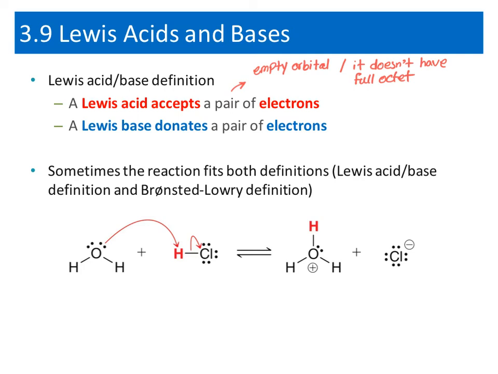So if you look at the reaction below, if you want to consider the Bronsted and Lowry definition here, hydrochloric acid donates the proton, so this is our acid here based on Bronsted and Lowry definition, and water takes the proton, so it is our base. Now, the base takes its lone pair to attack the proton.